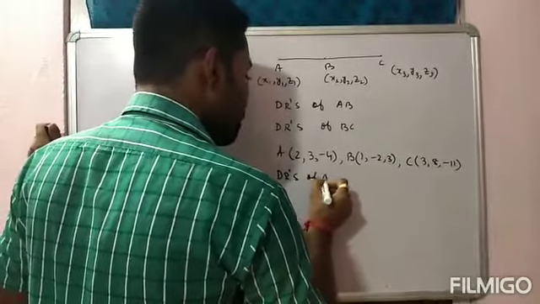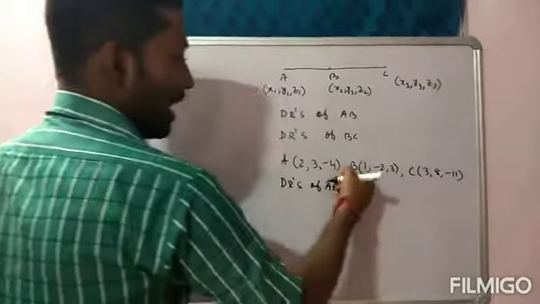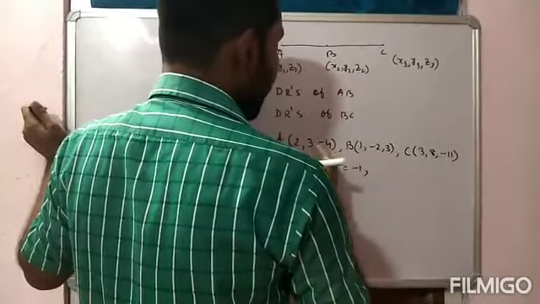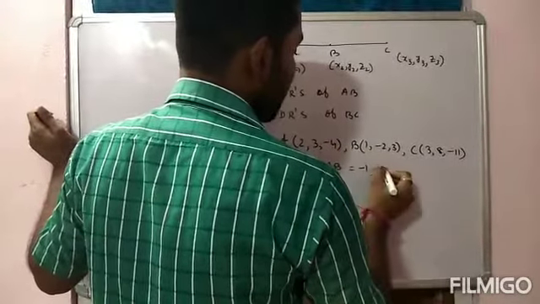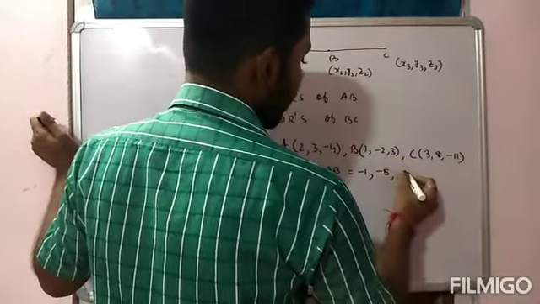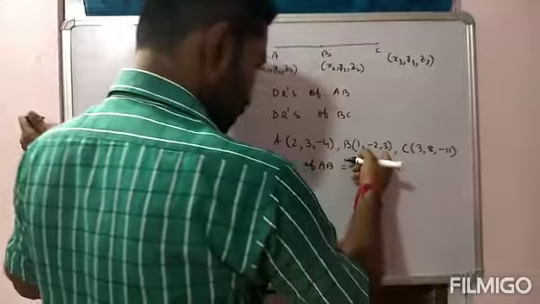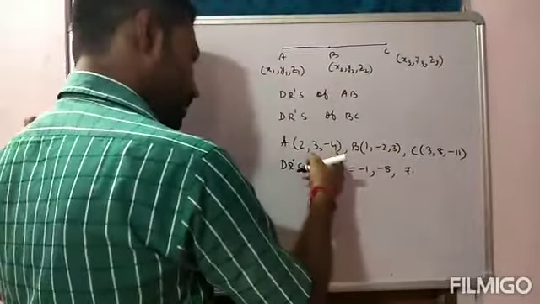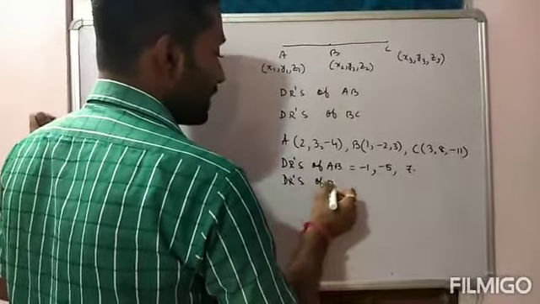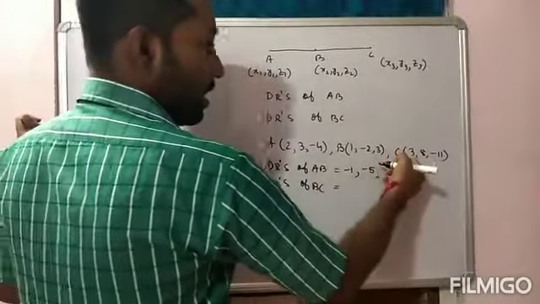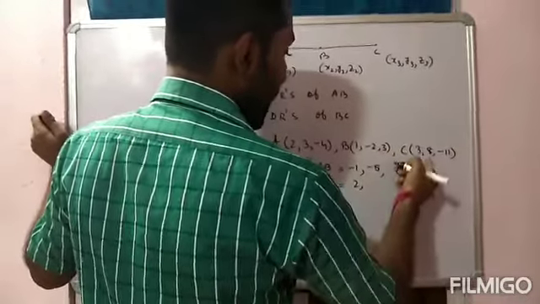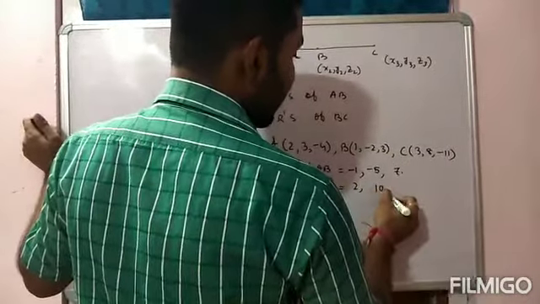So the direction ratios of AB are x2 minus x1, right? So 1 minus 2, that is minus 1. y2 minus y1, that is minus 2 minus 3, which is minus 5. z2 minus z1, that means 7. Then similarly find the direction ratios of BC. x3 minus x2, that is 3 minus 1, which is 2. 8 plus 2, that is 10.